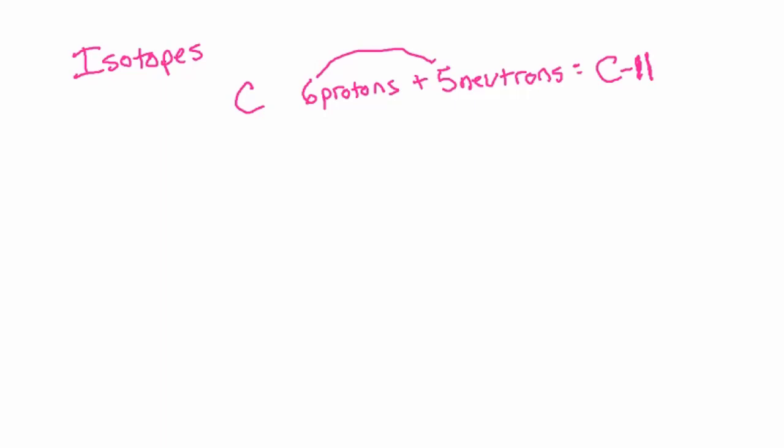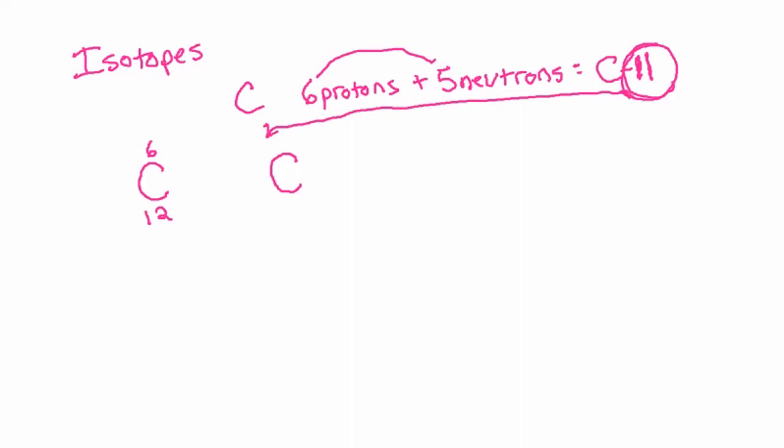But when you write it down, you'll also see it written down like this. You see the big C, it looks like it's from the periodic table, but it's not, because instead of on top, like normally on the periodic table, you'd have the 6 on top and the 12 on the bottom, right? But when you write an isotope, you write the element's symbol, just like on the periodic table, but you take the atomic mass number and you put it on the top left corner of the element.